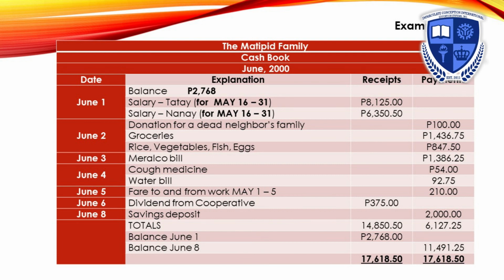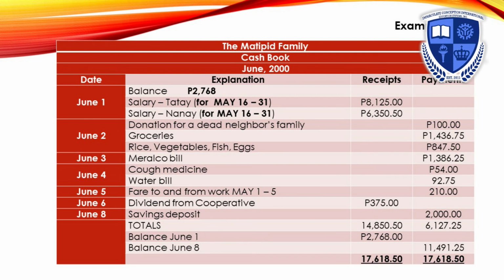For the date of June 3, our explanation, Meralco bill na ating binayaran ay nagkakahalagang 1,386.25 pesos. For the date of June 4, our explanation, cough medicine na ating binili ay nagkakahalagang 54 pesos. Water bill na ating binayaran ay 92.75 pesos. For the date of June 5, our explanation fare to and from work on May 1 to 5 is 210 pesos.